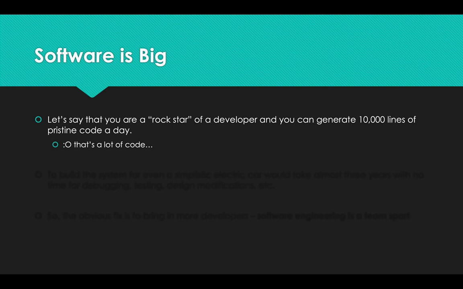It's all perfect. First of all, that's a tremendous amount of code. If you think about having only 8 hours in a day, that's more than 1,000 lines an hour without ever even stopping to think about what you're actually supposed to be doing with the code. So that's probably not even a human amount of code to write.